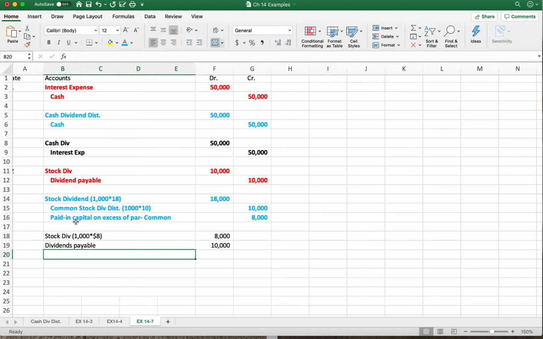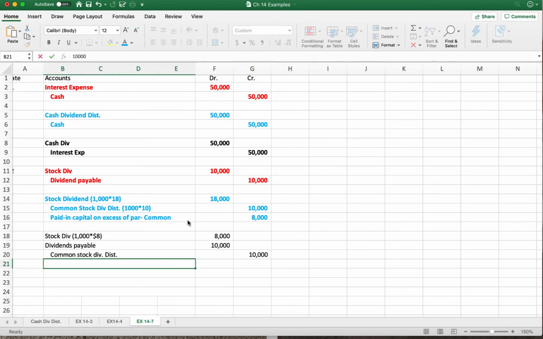I should have credited common stock dividend distributable for the 10,000 and the paid in capital in excess of par common stock 8,000. So I'm going to do that right now. I'm going to say common stock dividend distributable for the $10,000 and the difference.